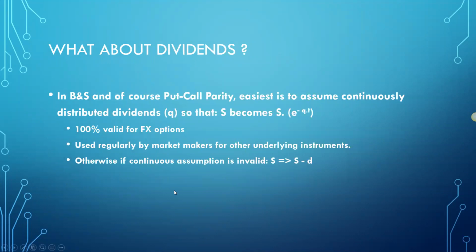The issue of dividends. In Black and Scholes and in this put call parity, the easiest thing is to assume a continuously distributed dividend. So you actually turn, in any equation, the strike into S multiplied by the exponential of minus QT, Q being the dividend.